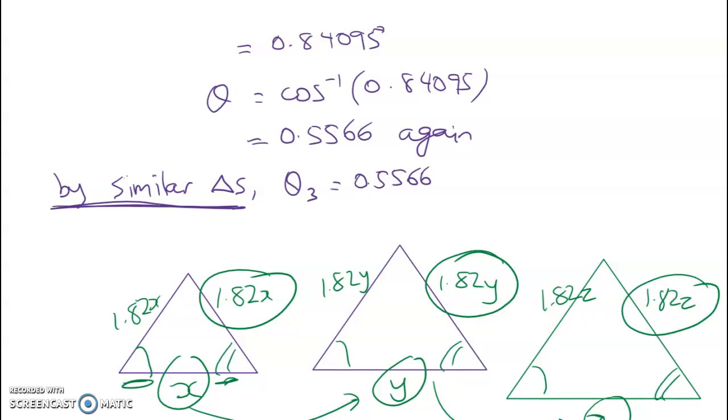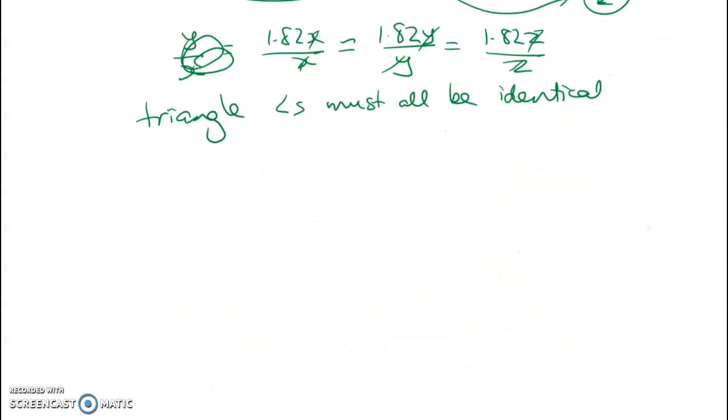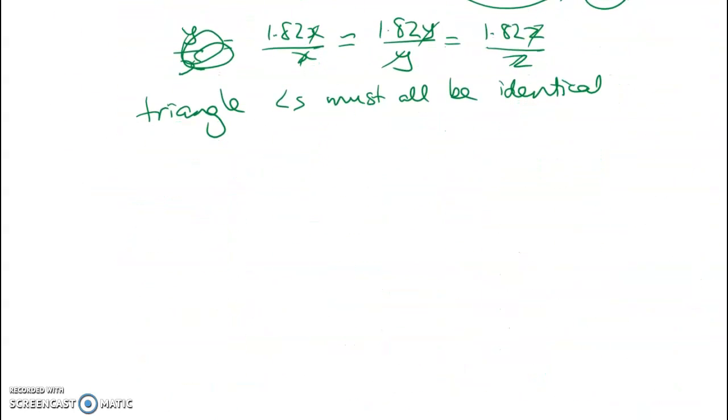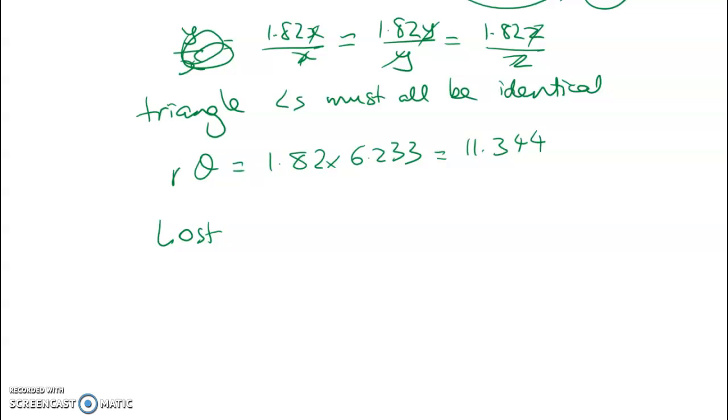So what we have to do now is figure out, very boringly, what are the arc lengths and what are the segment areas. So r theta is equal to, what do we get here? 1.82 times 6.233 is equal to 11.344 meters, and that's for triangle 3.